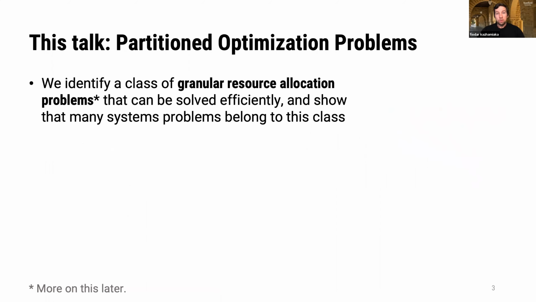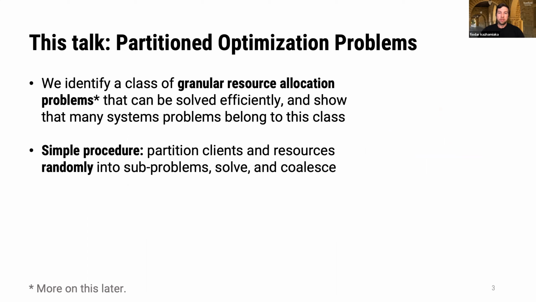In this talk, we propose a new technique called partitioned optimization problems, or POP. We identified a new class of resource allocation problems, which we call granular, and found that many optimization problems in existing systems belong to this class. We can solve granular problems quickly with POP. A distinguishing feature is POP's simplicity.